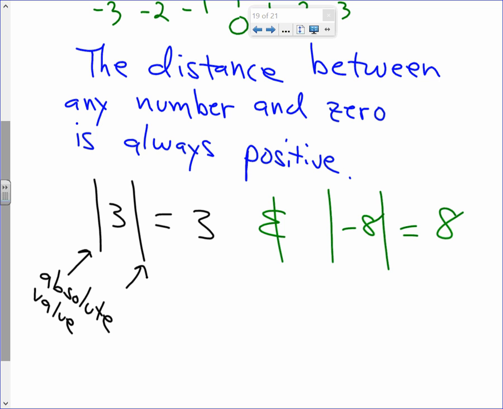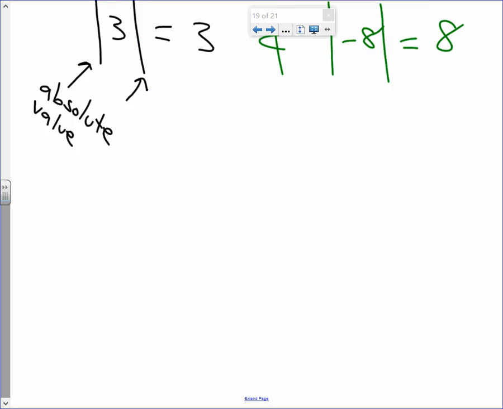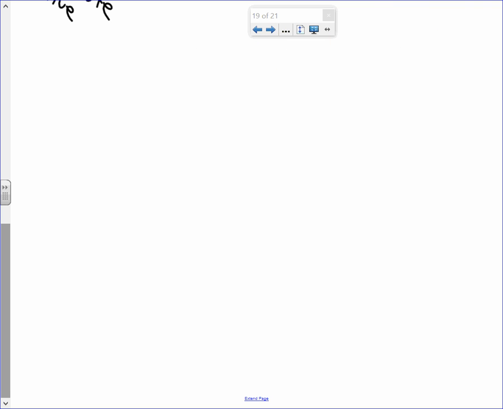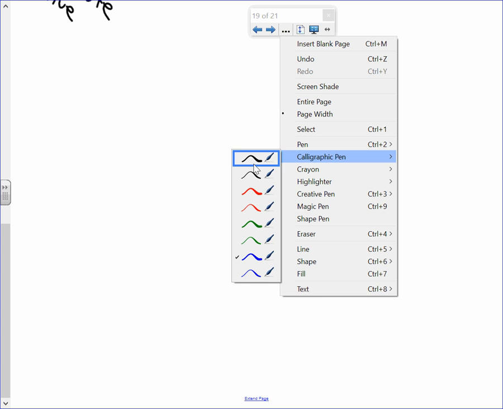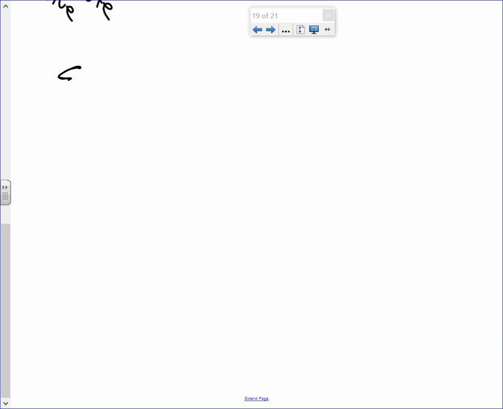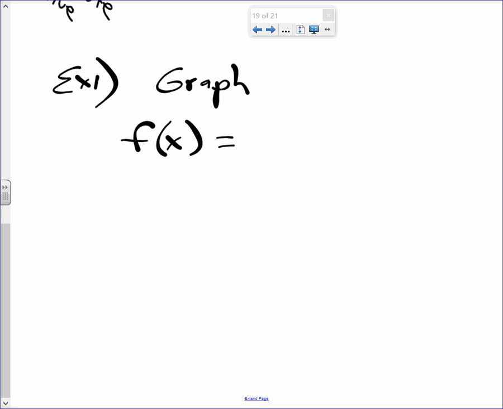Now, almost done. You guys are doing good for Thursday. Watch this. On your graph paper, example 1. Let's graph f of x equals the absolute value of x.